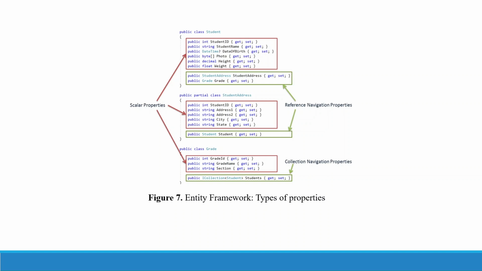So the columns of the students table will be like student ID, student name, date of birth, photo, okay? So those primitive types represent columns in the database. For the grades table, what are the columns? So we have the columns, yes, grade ID, grade name, and section. Yeah, for each primitive type, we have a column.